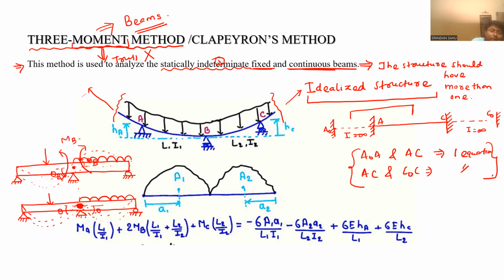Yes, sir. From here, this side became a statically determinate beam, and this side also became statically determinate. So you calculated the M by EI diagram. Let the M by EI diagram for span AB be this one, and for BC this one. And why is the bending moment at B 0?